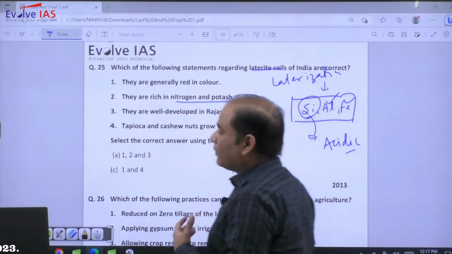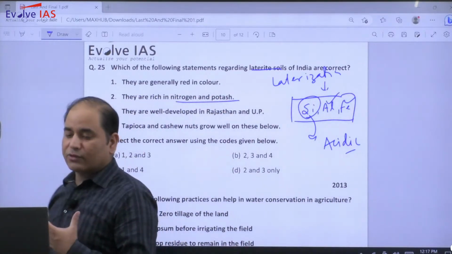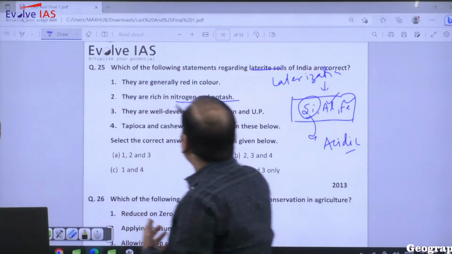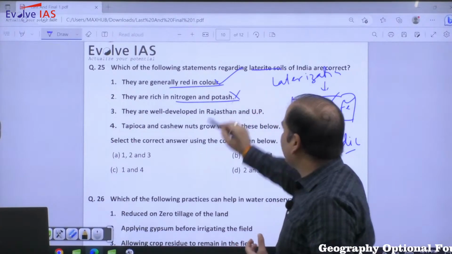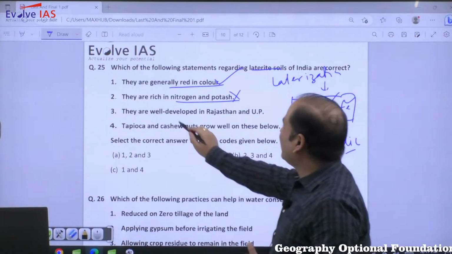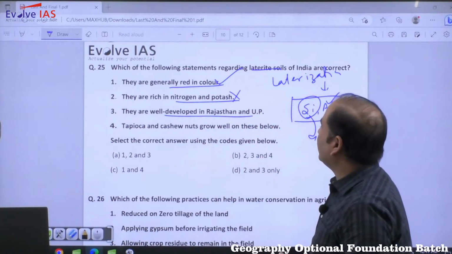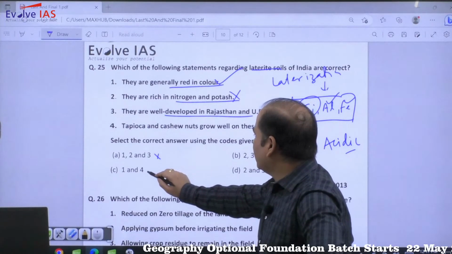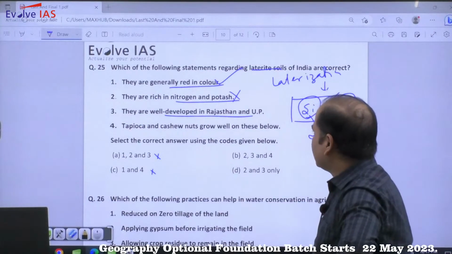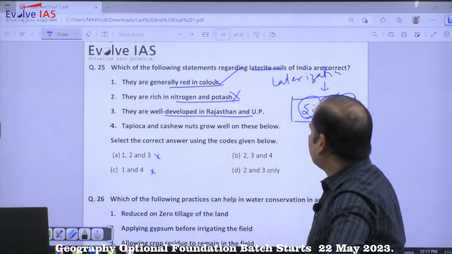Iron will also undergo disintegration, and because of that the color of the soil will be red. So this statement is correct, this is incorrect. They are well developed in Rajasthan and UP. One more thing, the moment you get this 1, 2 and 3, 1 and 4 are outrightly rejected, and 2 is also there.